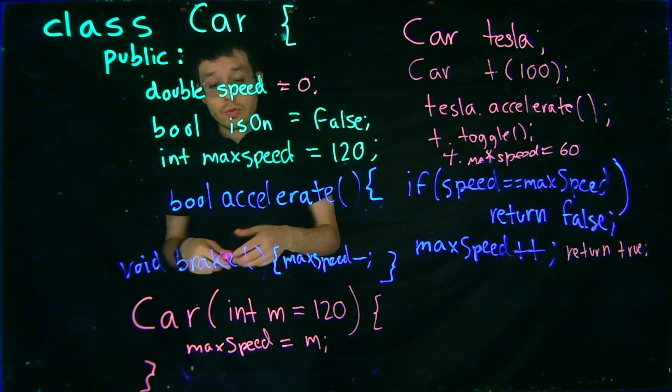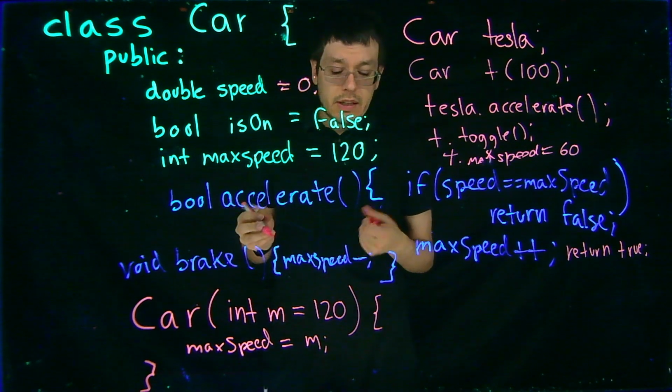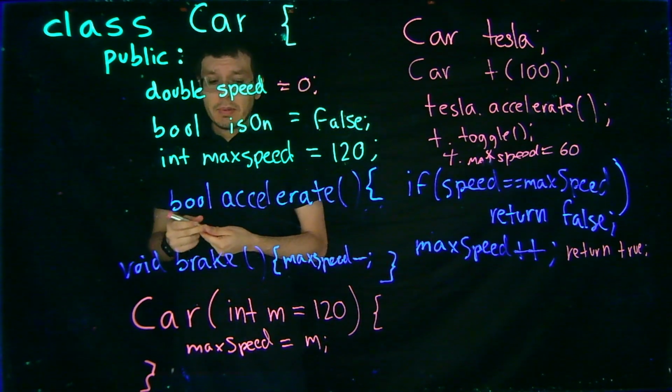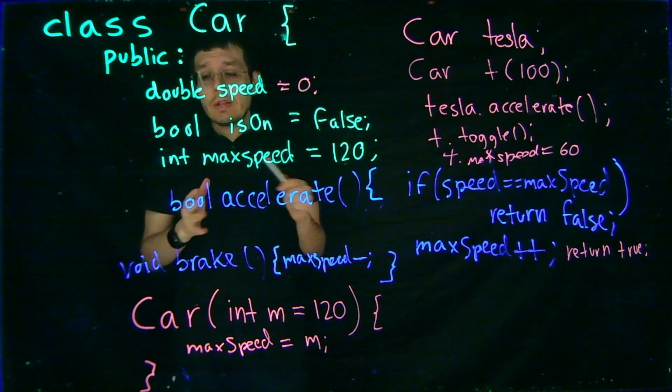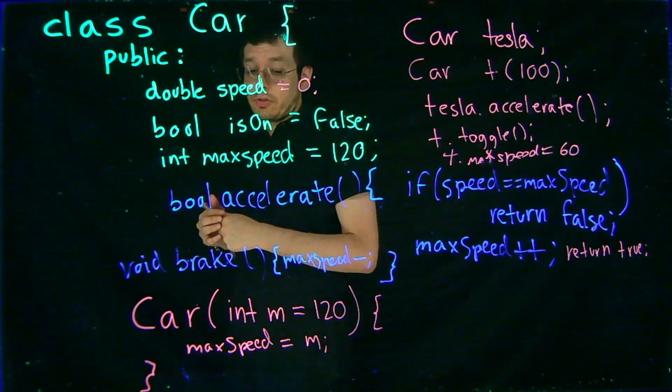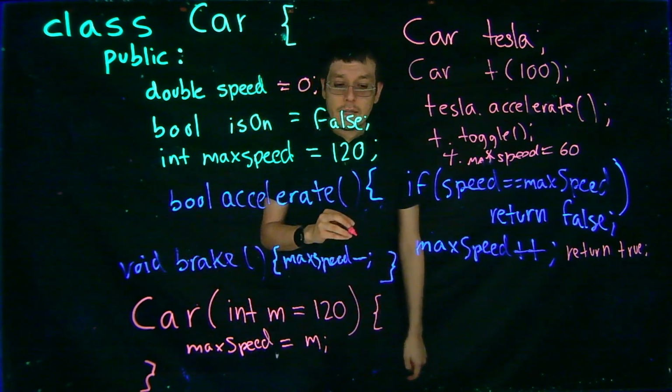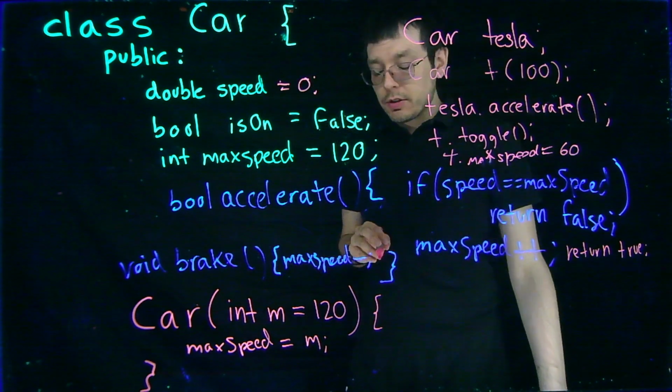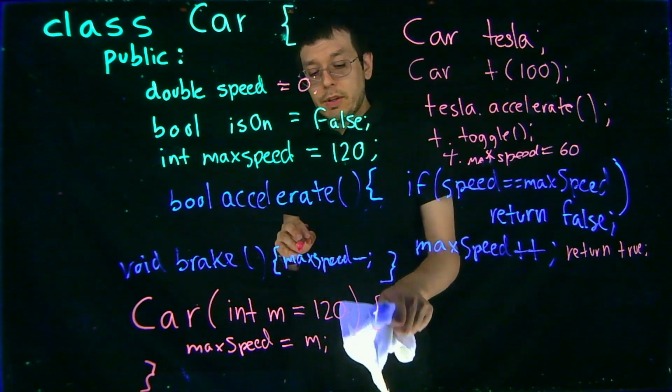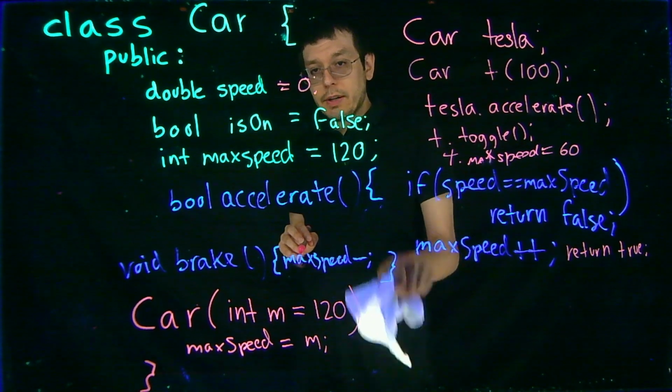There are also destructors that I'm going to briefly talk about. But before I do, I want to show you one more way that you can initialize variables in a constructor. Okay? So let's just say that you wanted to initialize the speed to 0 here. Okay?